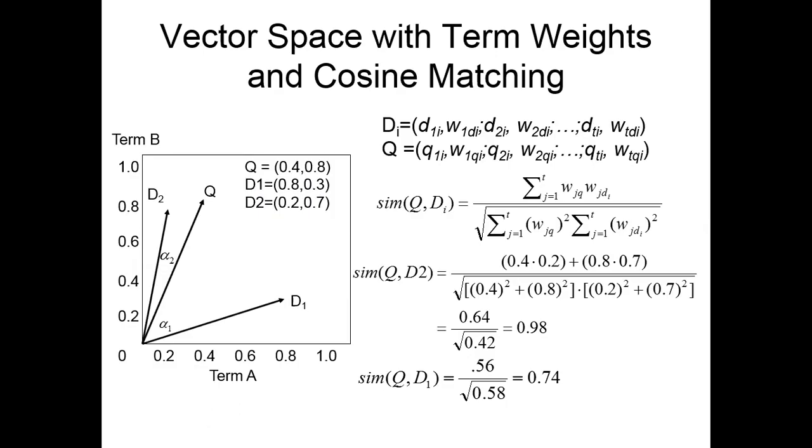So we are trying to see the similarity between query and document in the case of vector space using cosine similarity. What is the similarity score of the given query and document 1? What is the similarity score of the given query against document 2? See the similarity between the given query and document 2.